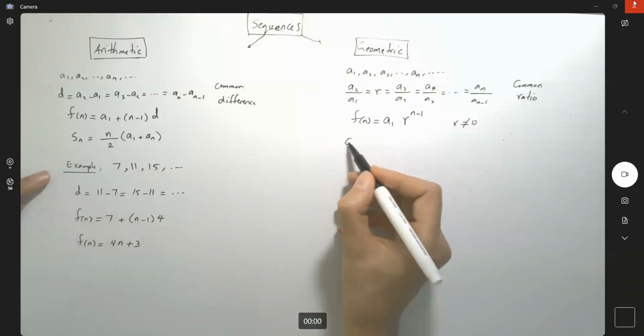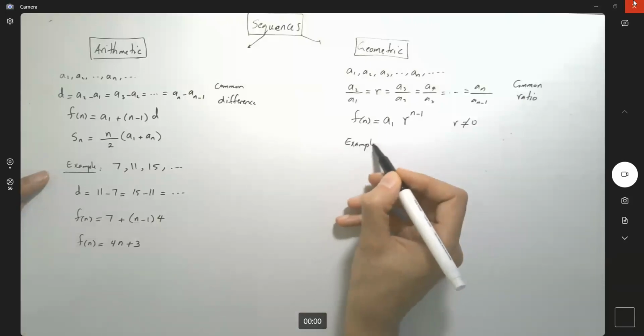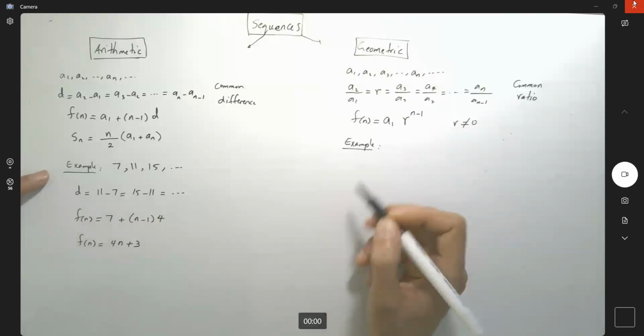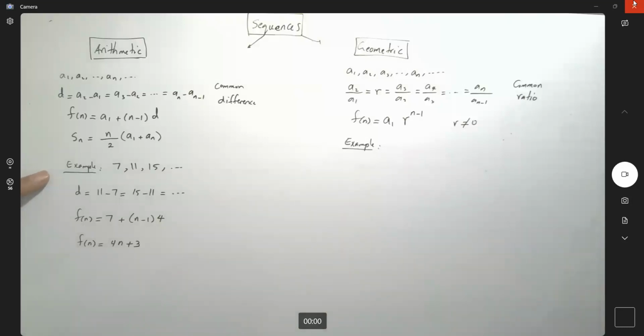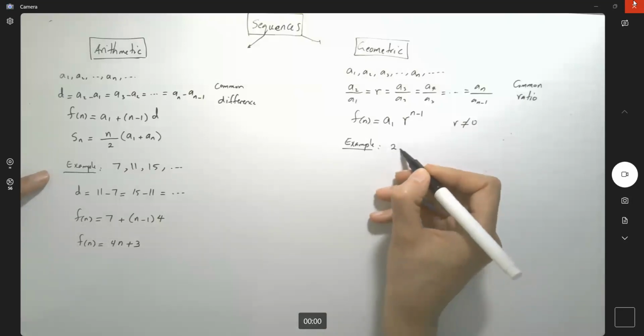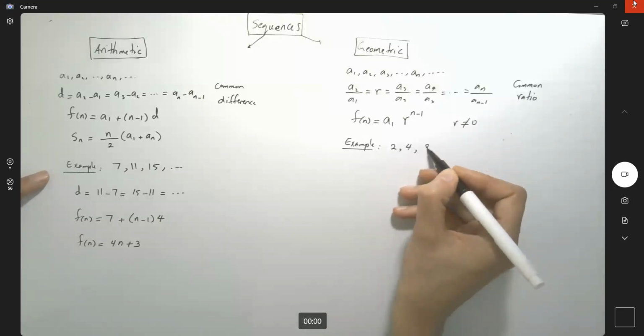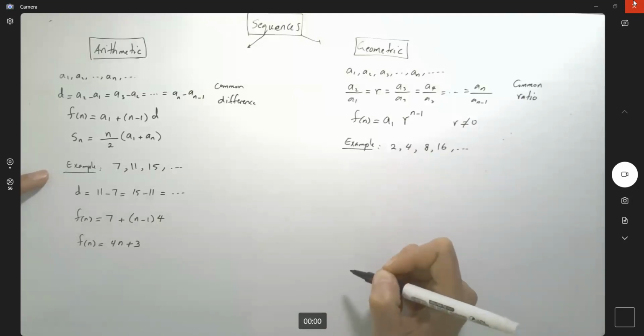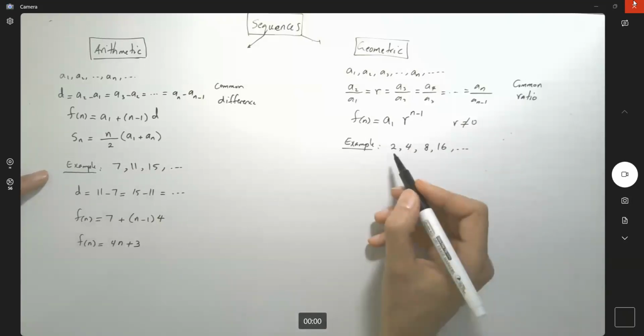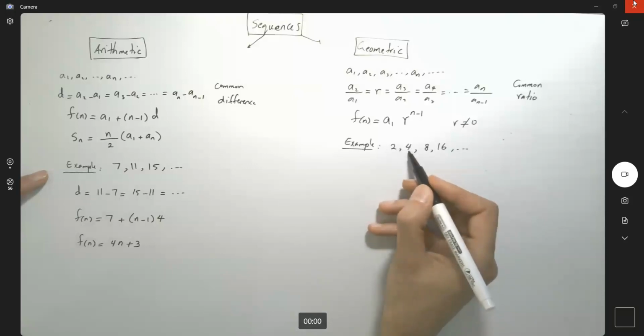Now, one example here for you, analyzing the geometric sequence. In this scenario, I'm going to give you the following sequence: 2, then 4, then 8, then 16, and so on. Well, the very first term is 2. The second term is 4.